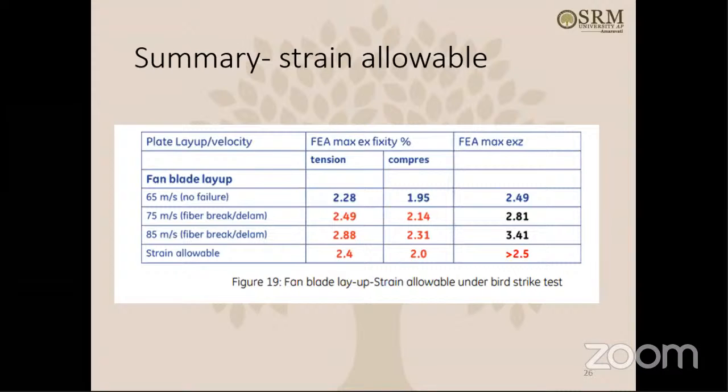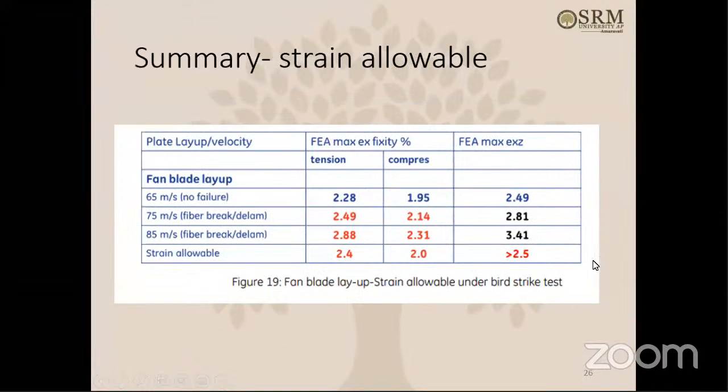Okay, the interlaminar and the acceleration strains. So at different velocities, as we see here, you can see this maximum strain allowable. So these are the strains we are seeing, 2.4 to 2.5. That's what we are seeing as strain levels.